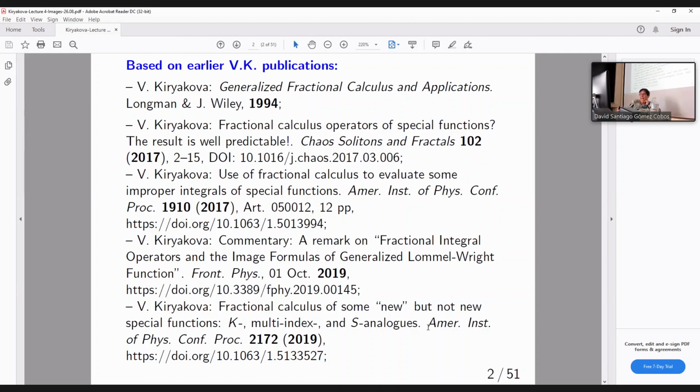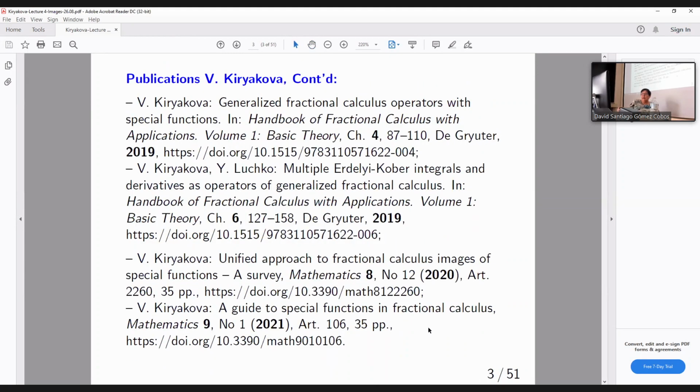And next, in the American Institute of Physics conference proceedings, in Frontiers in Physics a critical paper, and also the next ones in the Handbook of Fractional Calculus with Applications volume 1, two papers, one by myself and one jointly with Luchko, and a survey paper in Mathematics in 2020.